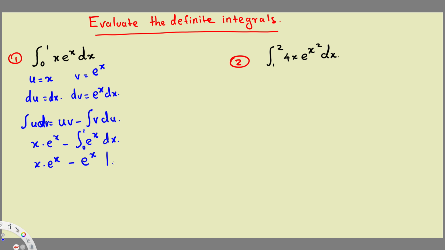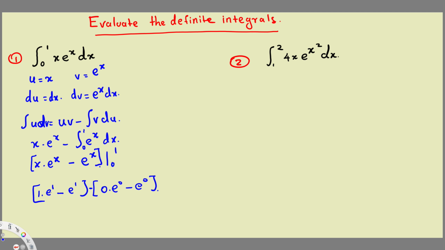Let's substitute all the values. If I substitute 1 first, this is going to be 1 times e^1 minus e^1, and if I substitute 0, we will get minus, 0 times e^0 minus e^0.